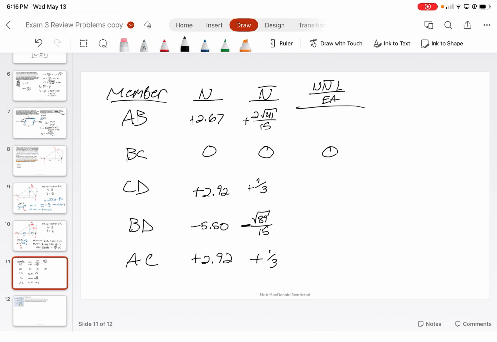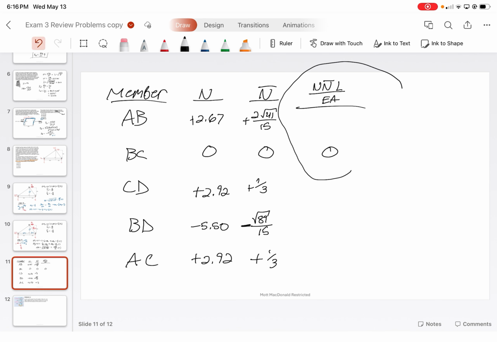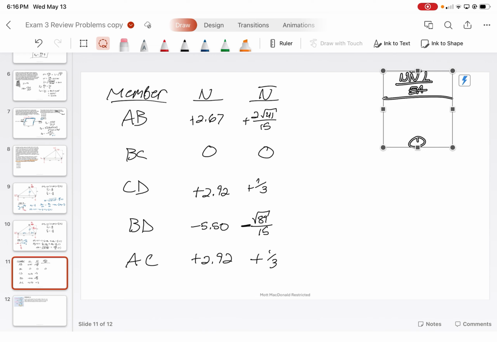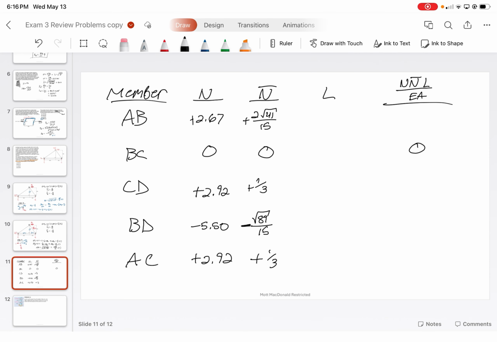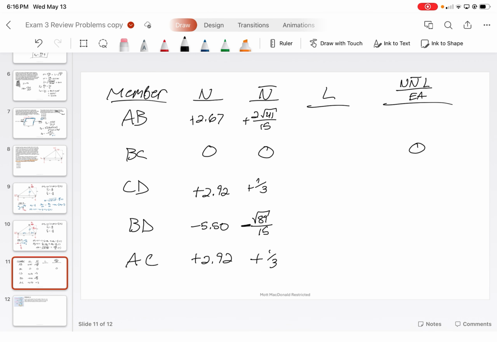All right. Now really quickly before I do this, I want to get the L's written out for all of our members because the L really varies. The length of member AC was 10 feet. The length of member CD was 5 feet.